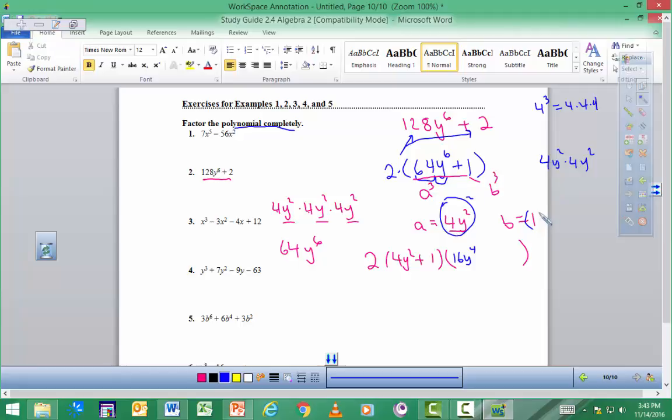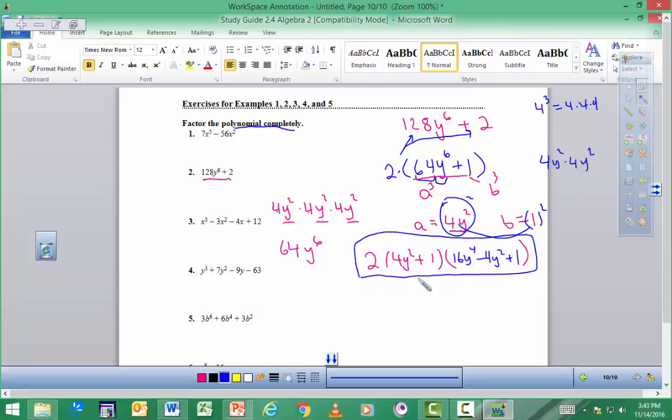And then I square this one, and you get 1, and then multiply the two together, and that goes in the middle. So you end up with 4y squared. This sign's always positive, and this sign's always opposite what you started off with. So let's see, we had a plus. That means this one's going to be a minus. Okay, so now we're done factoring.